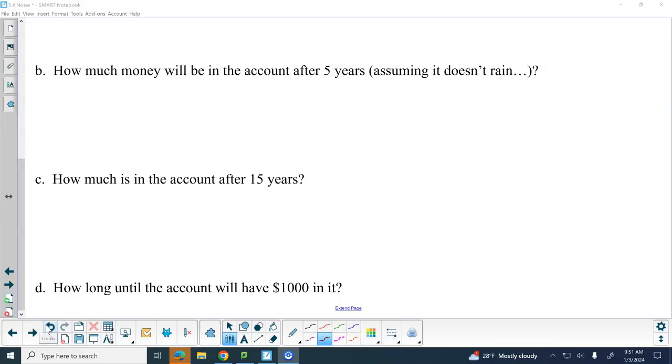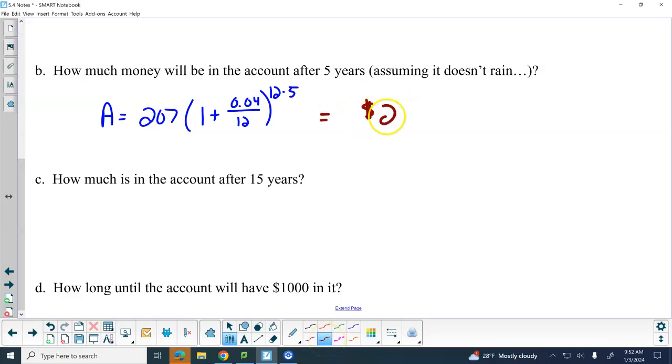So after 5 years, A is going to equal 207 times 1 plus 0.04 divided by 12 to the 12 times 5 power. I get $252.75.